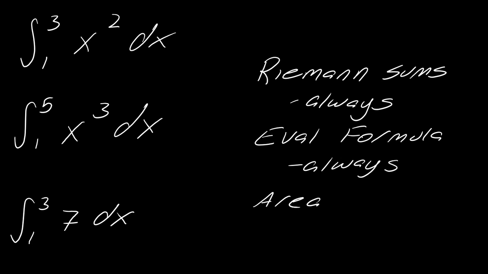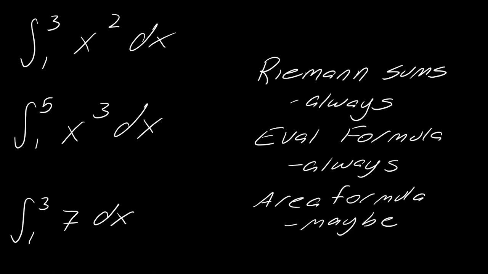But area formulas, that is a maybe. So 2 out of 3 of these techniques you can always use. The Riemann sums, of course, we know get pretty nasty, but you can use that. The area formulas depend on what the graph actually looks like.